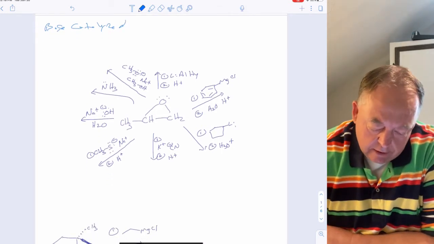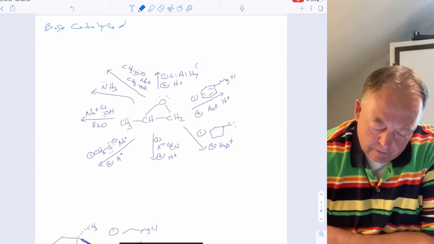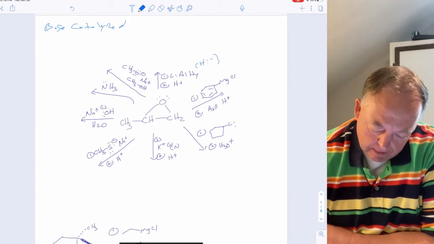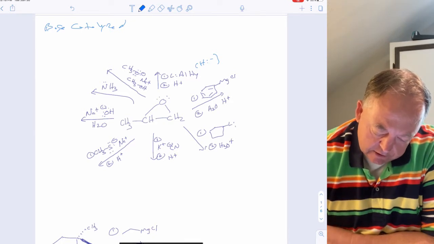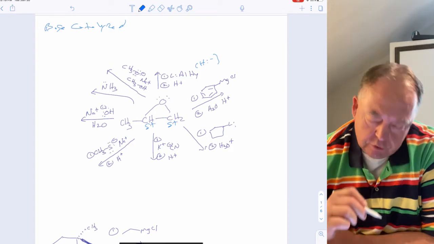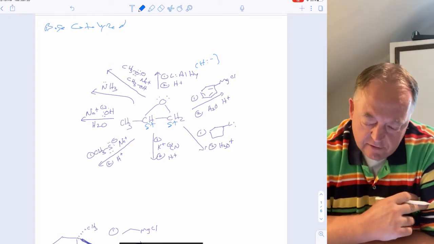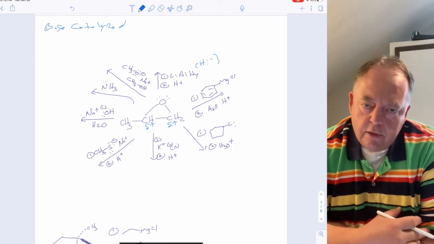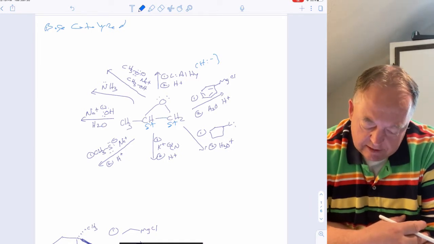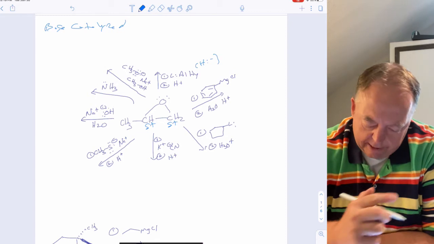LiAlH4. If you remember, when you see that, you can think of it like a source of H-. We have two carbons that are partial positive. Both of those carbons of the epoxide are partial positive, so that's where the nucleophile is going to be attracted. But if it's SN2-like, which one would it prefer to react at?